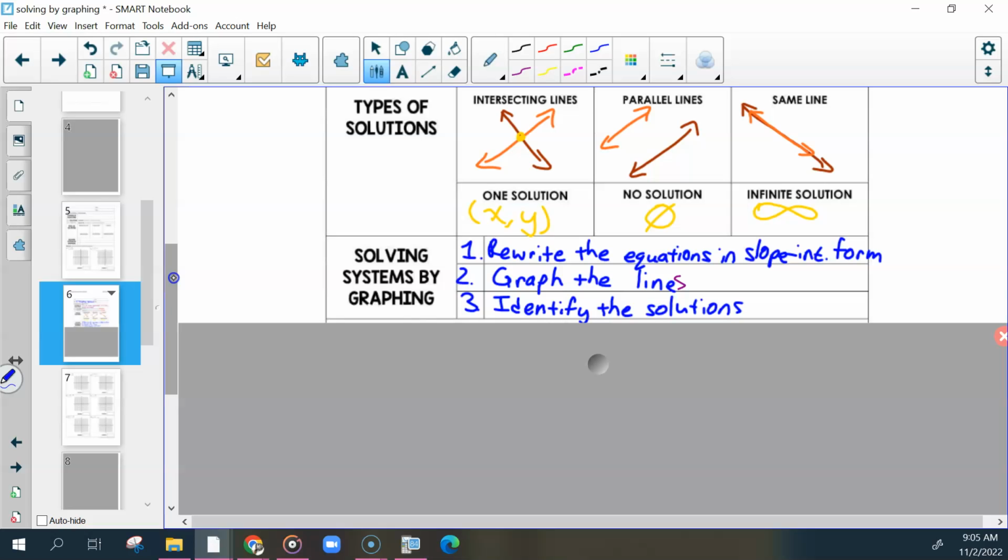You will only have one of 3 answers. 1 solution where you have a point and you figure out what that point is.